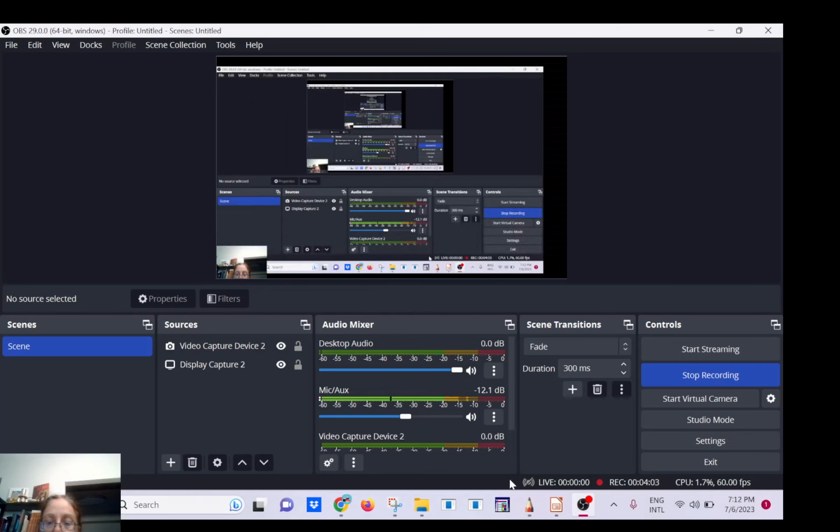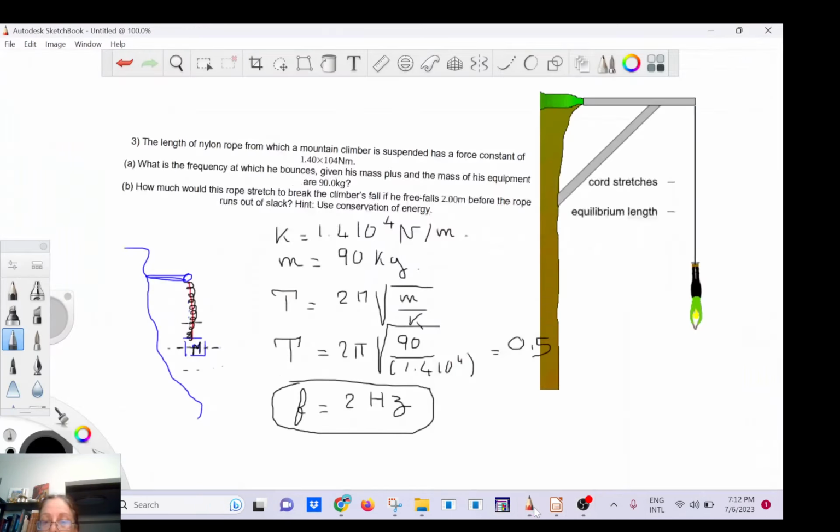So let's go back to the equation. It's a challenging question, but it was an AP question. Here we found the frequency when that person is oscillating about the equilibrium position. But the next question is: between here and there, you have 2 meters.